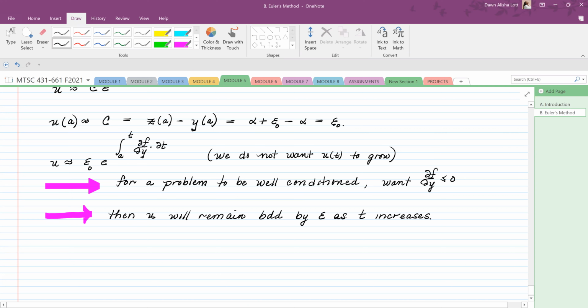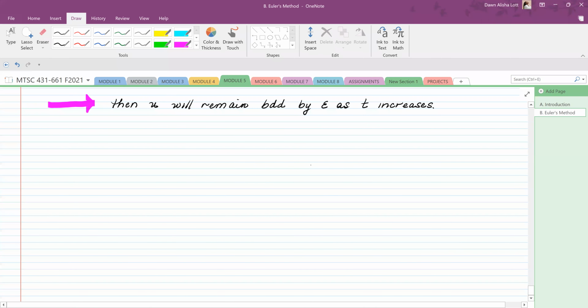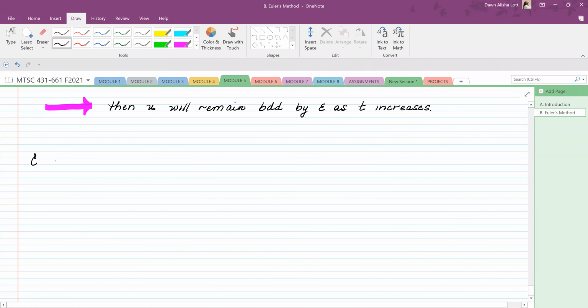Okay, here's an example. dy/dt is equal to 100y minus 101 e to the negative t. y at 0 equals 1.